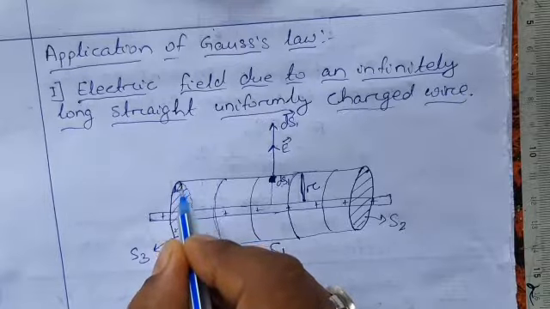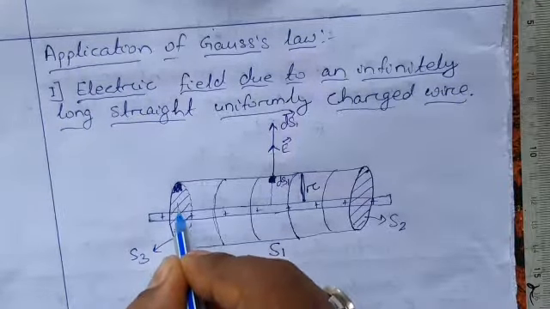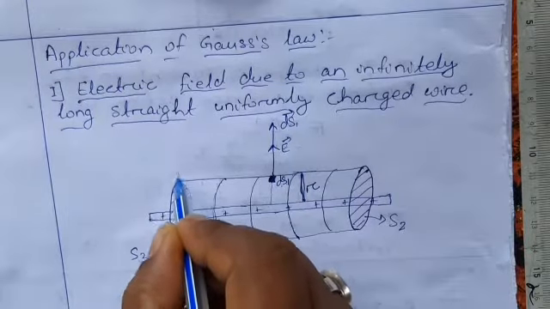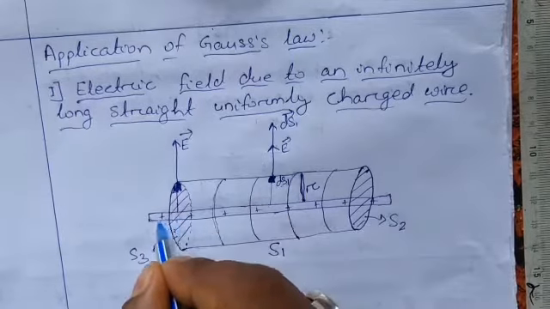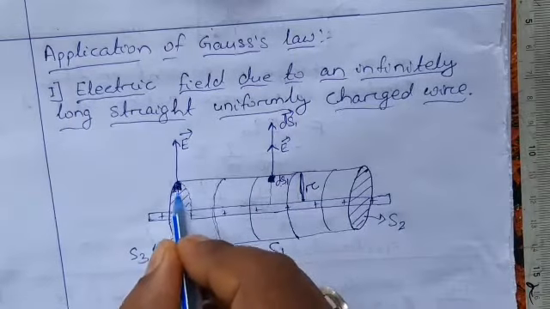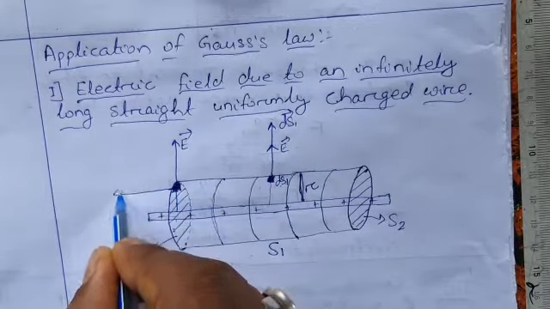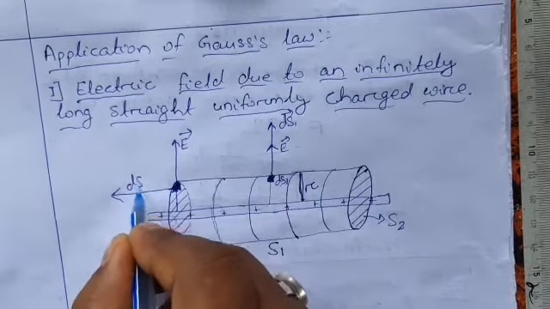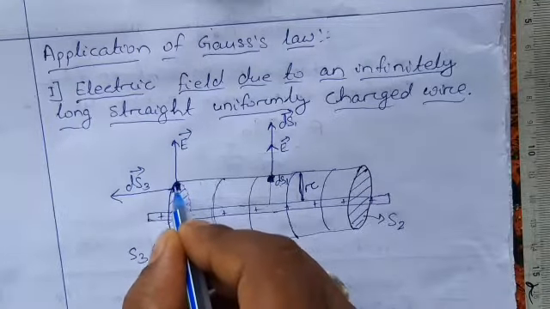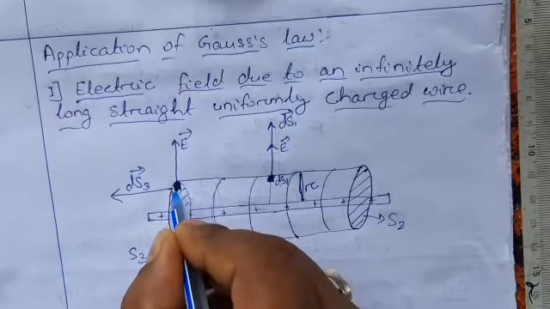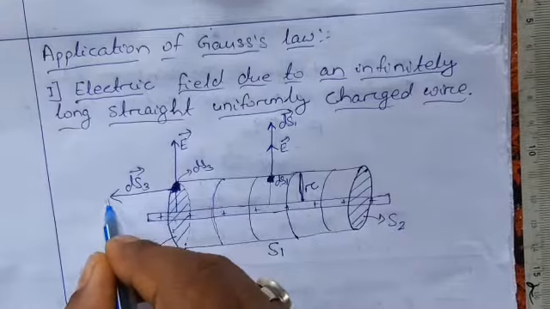The electric field passes like this from the charged wire, but the direction of the area vector, ds3 vector, is in this way. The magnitude of this small area is ds3.